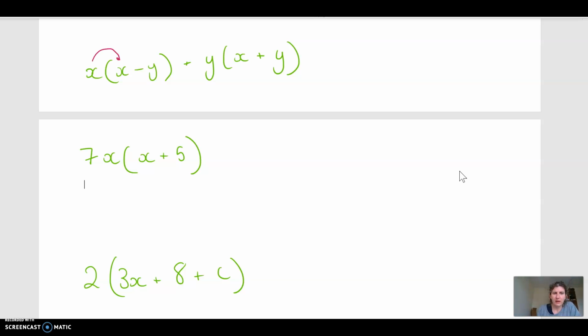So this next one, we've got x times x. Now that's x squared. Okay, anything times by itself is squared. Then we have x times negative y. So we've got negative xy. All right. Then here we've got y times x. Now remembering that again, we write the first letter of the alphabet first. So I'm going to write the x first and then the y.